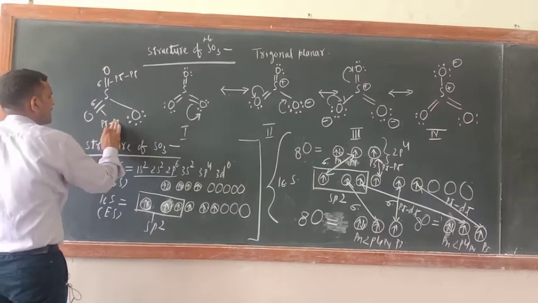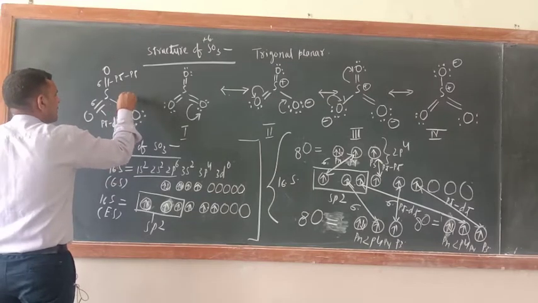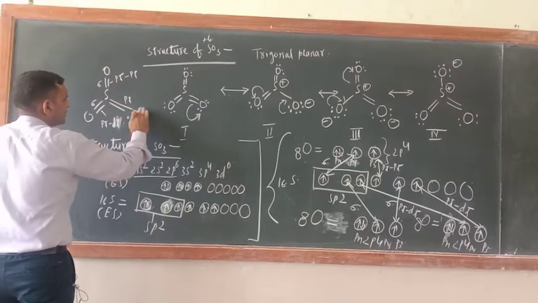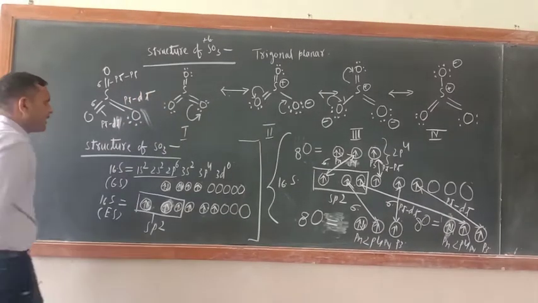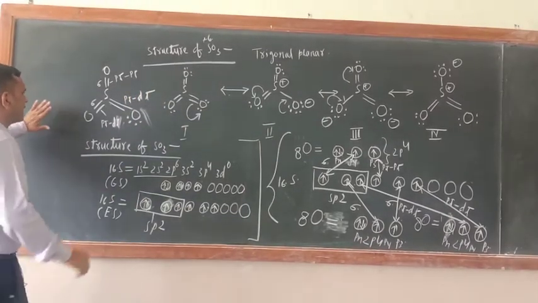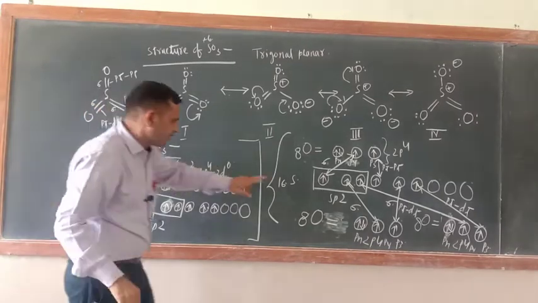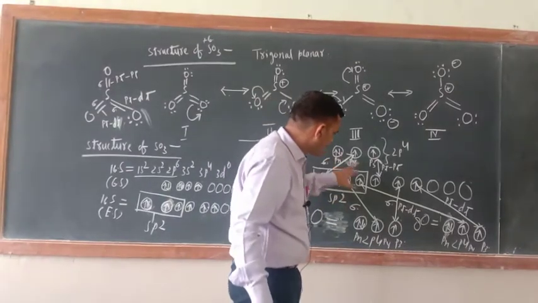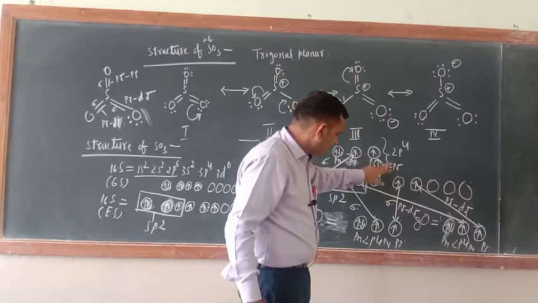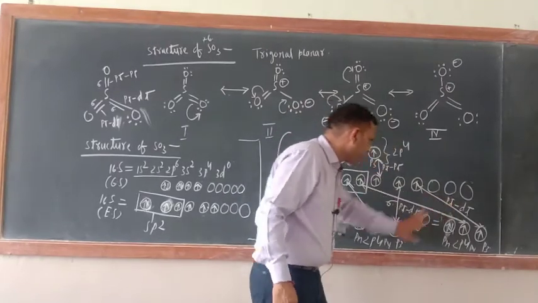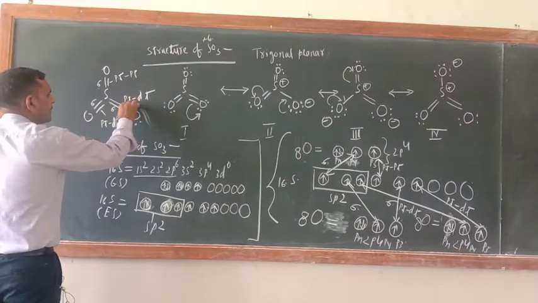This is P pi D pi. This is also, you can put a double bond here, there is no problem, just for the explanation. This is also P pi D pi. So try to understand here: 1, 2, 3 sigma bonds, and one is P pi, another one is P pi D pi. Just check this one. So this is the complete structure, 2 P pi D pi bonds.